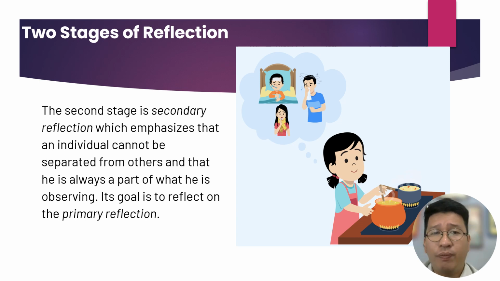From the example of primary reflection, you do not describe your body as a distant observer. You feel and understand the situation that you could not find your pen in your pockets. Let us say the examination was about to start and you could not find your pen. So you become nervous, thinking about how you are going to take the examination since you do not have a spare pen. That's the secondary reflection.